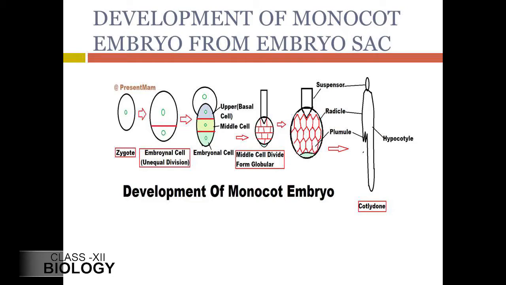The middle cell divides and forms the globular embryo, as you can see in the figure. Now this globular embryo will divide and redivide and form the radicle, plumule, hypocotyl and cotyledon. You see there's one cotyledon. Spelling of cotyledon is C-O-T-Y-L-E-D-O-N.